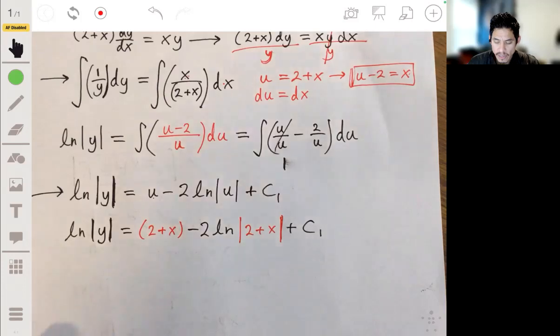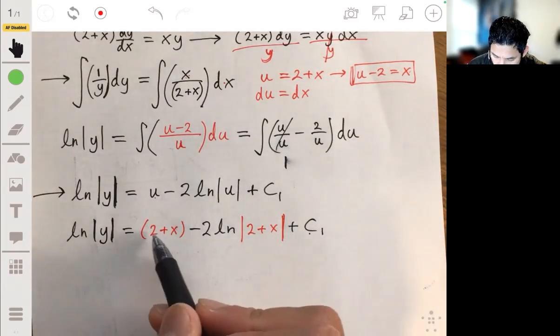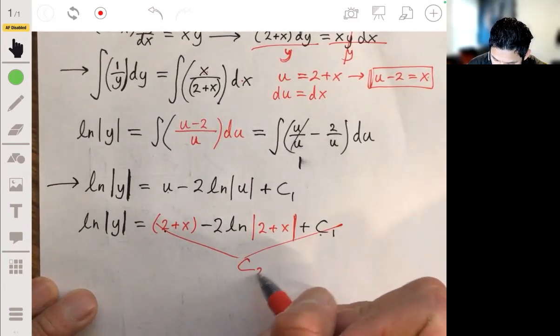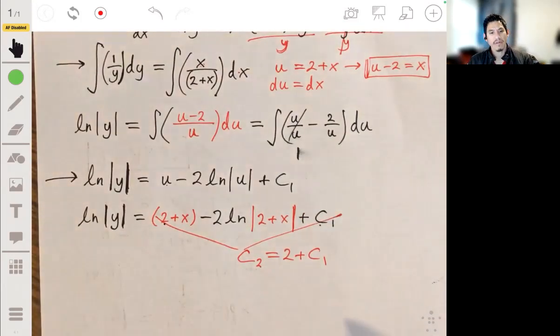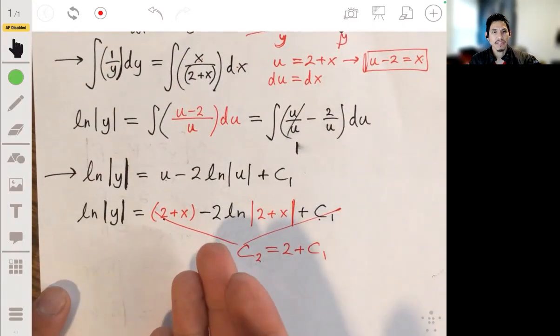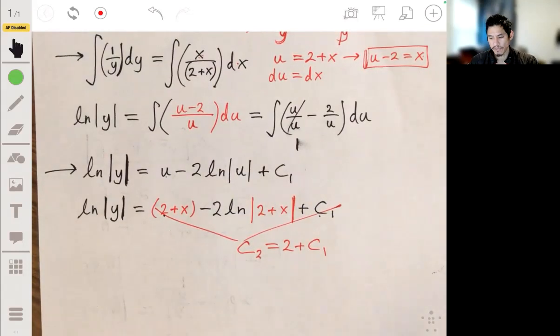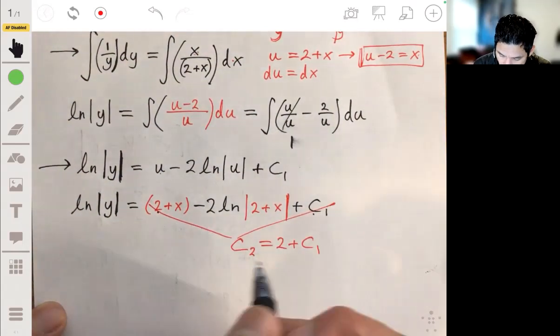Now, the thing is that this 2 plus that c1, when you add those, that's just some other constant. Let's just call that c2. We just say c2 is equal to 2 plus c1. Because again, it's just some other constant. This is again why I like to have a habit of writing c1 first and then c2. Because if you just write c, you can't have every constant be just c. You have to have a subscript.